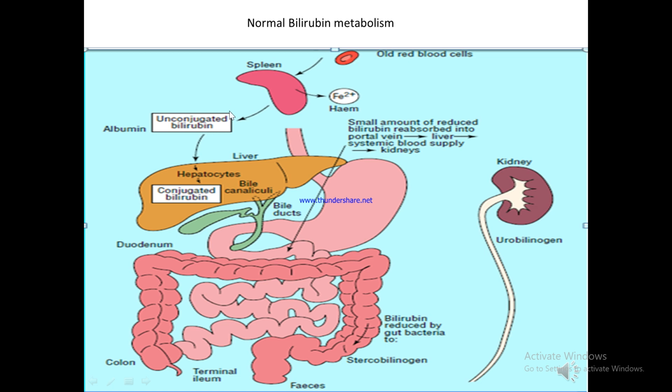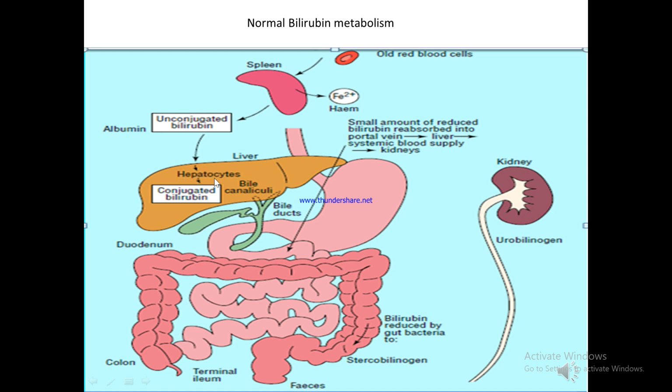This bilirubin forms unconjugated bilirubin. Bilirubin has a toxic property, and it's an insoluble compound in aqueous solution, so it's transported by protein albumin. Albumin transports unconjugated bilirubin to the liver.